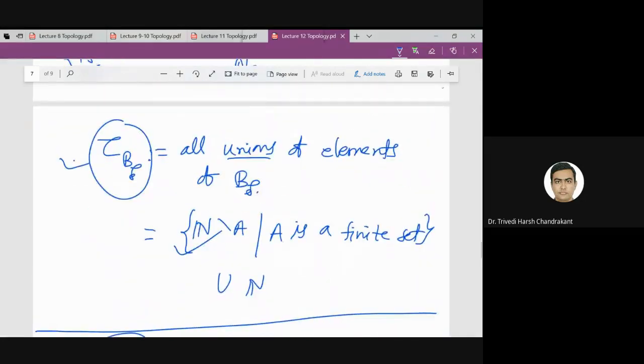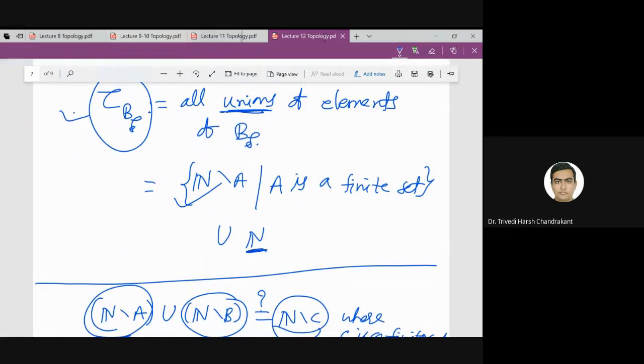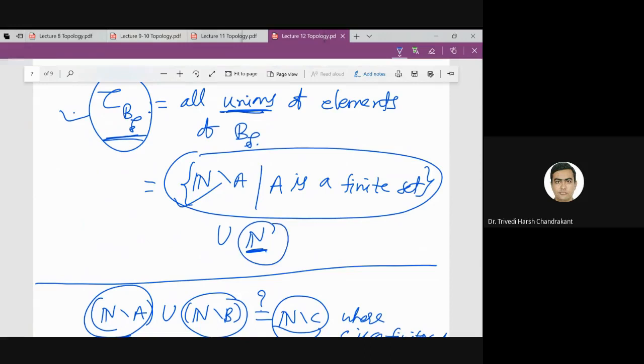So if I take a finite union of such sets, then I will get N minus elements of this form only. But here I have to take arbitrary unions. So when I take arbitrary unions, only one element will add up, which is N, right? So exactly this topology is nothing but all these basis element sets plus the set of all natural numbers.